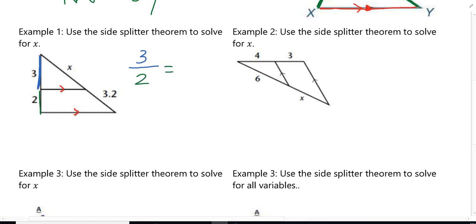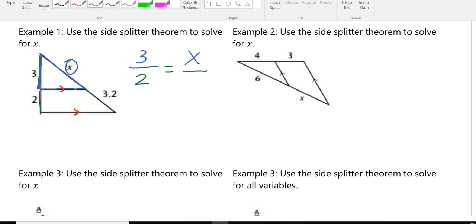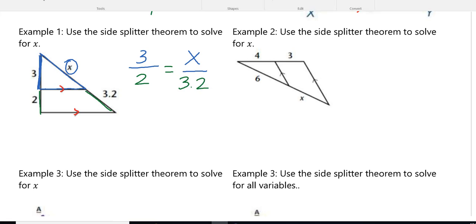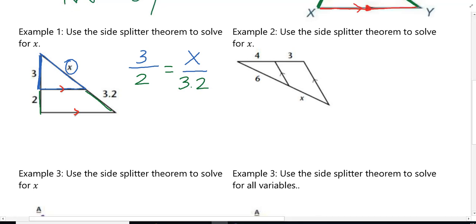Setting that equal to, I have to use the length of that small triangle. So notice this is my small triangle. I'm going to take that length of x, and that's going to be proportional to the side of that bigger triangle, which is right here, which is 3.2. Now that we have proportions and a variable, we can simply cross multiply and solve.